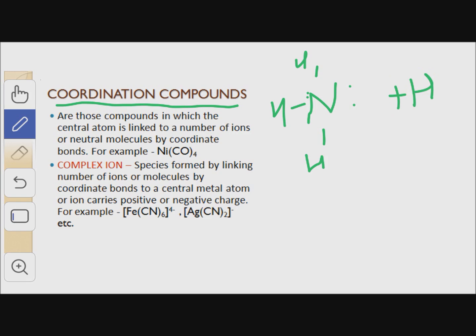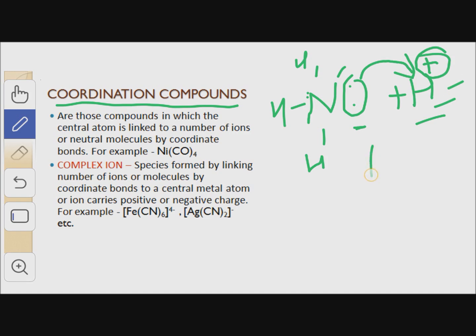When an electron deficient atom or ion like H positive, which has one empty orbital, meets this lone pair of nitrogen, the lone pair is donated by nitrogen to the H positive, the electron deficient ion, and this lone pair is shared by both atoms, nitrogen as well as hydrogen.